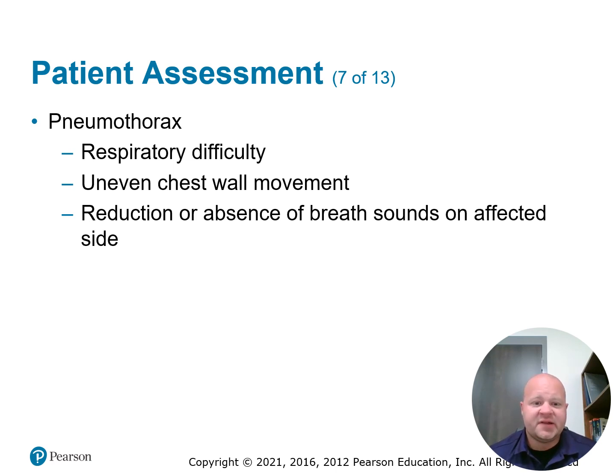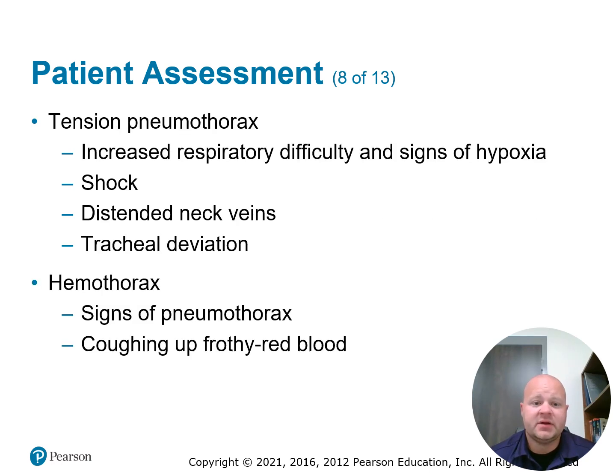All right, so patient assessment for pneumothorax. We can assess respiratory difficulty, see if there's uneven chest wall movement or a reduction or absence of breath sounds on the affected side. Tension pneumothorax, increased respiratory difficulty and signs of hypoxia will be present. Eventually they will be in shock.